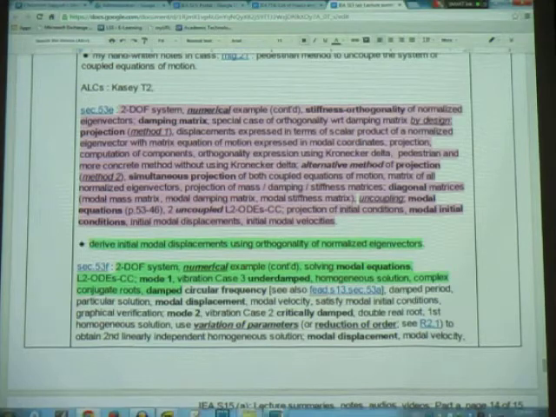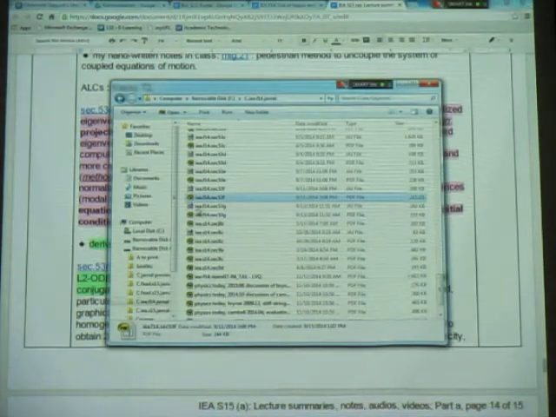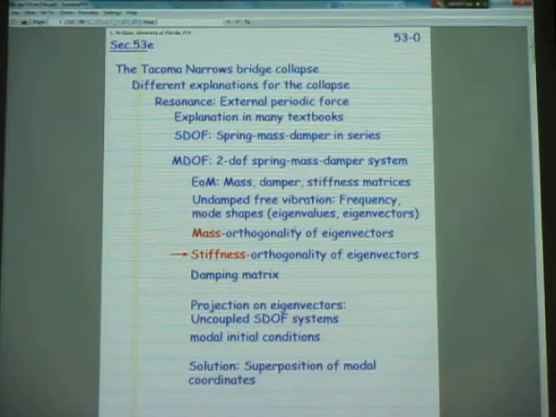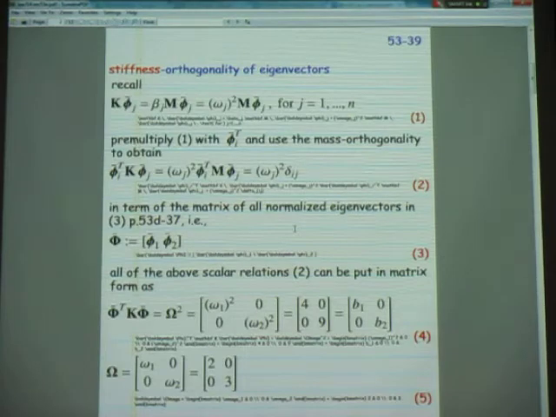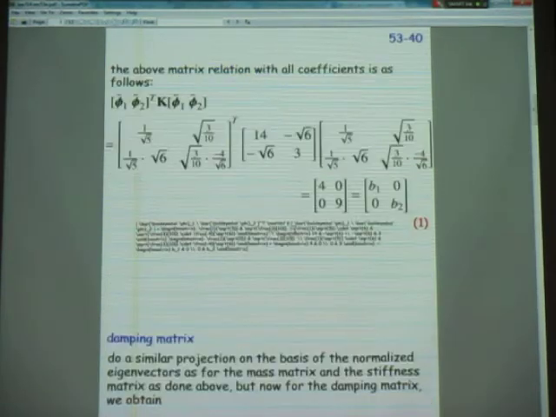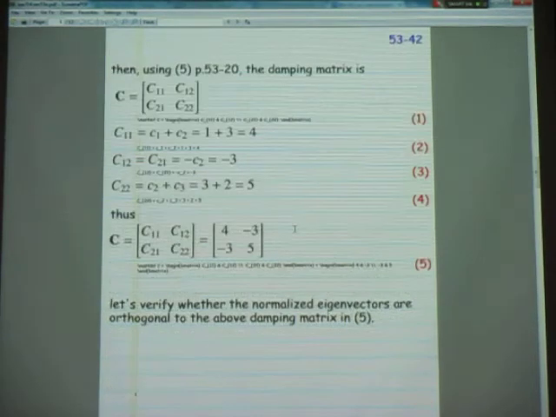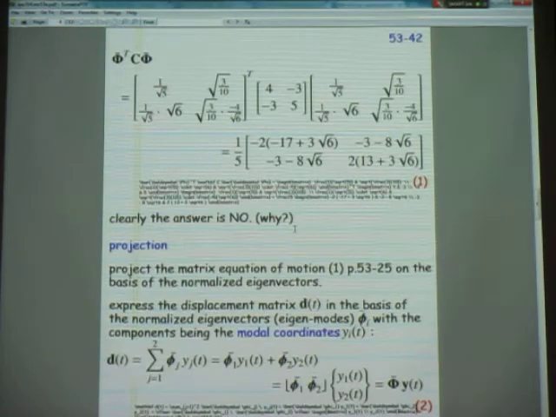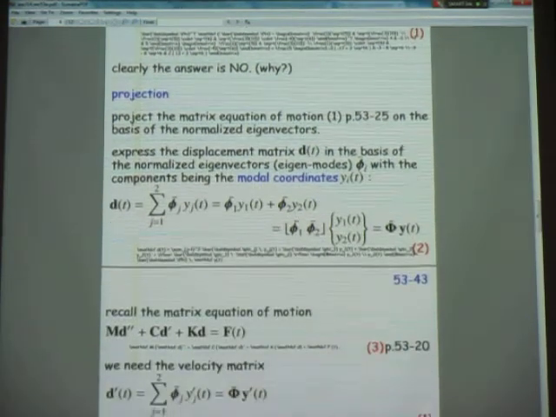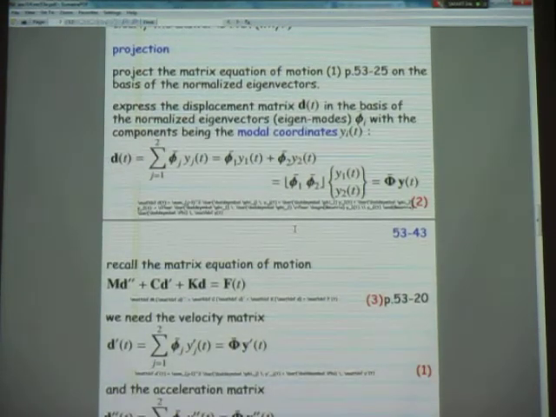Let's bring up E first and then D. If we don't find it in E, then it should be in D. Okay, so let me bring up section E, and yes, so this is still the generalized eigenvalue problem. Okay, projection right here. This is the critical step here.